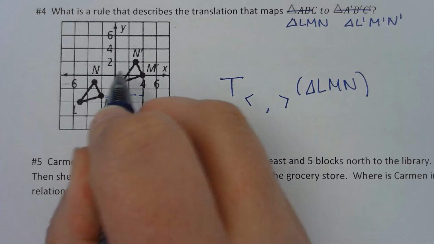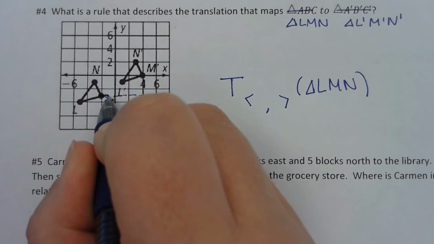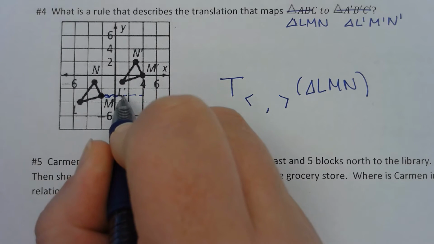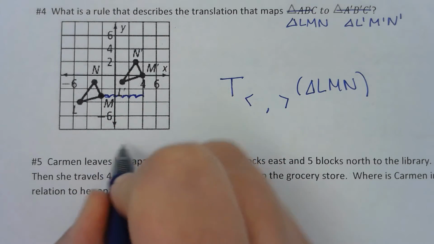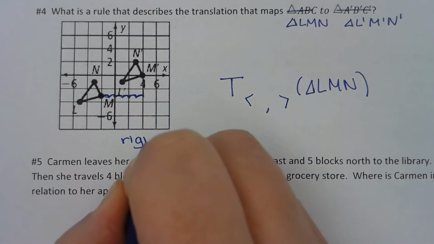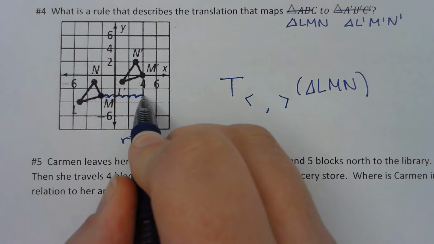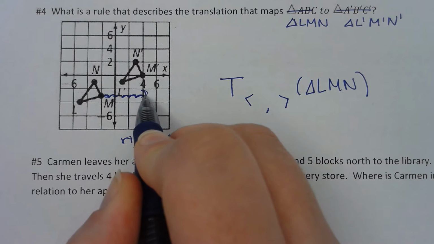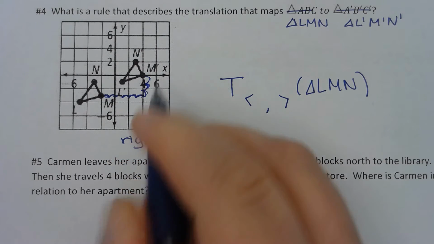Keep in mind, again, this counts by 2s. So I'm going to go 1, 2, 3, 4, 5, 6. I went right 6. Then I go up 1, 2, 3.